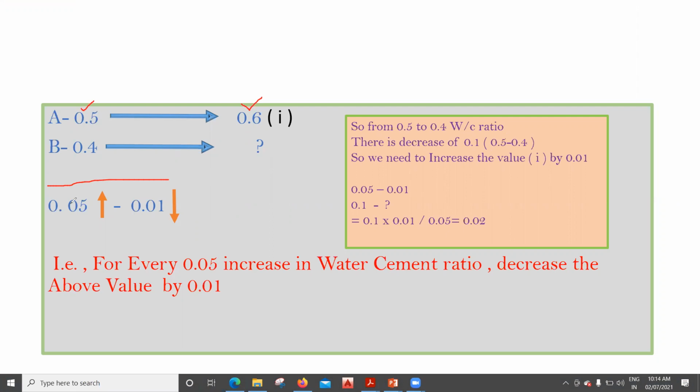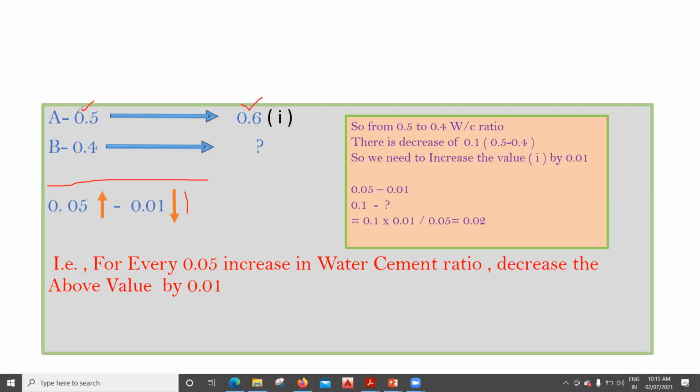The correction factor is that for every 0.05 increase in the water cement ratio, I'll read it once again, for every 0.05 increase in the water cement ratio, you have to decrease the above value, that is this value 0.6 that you get from the table, by 0.01. But again there is a catch here.